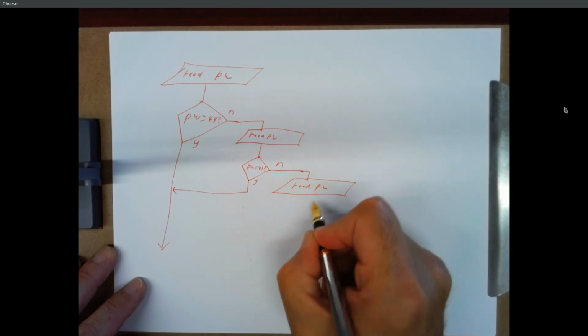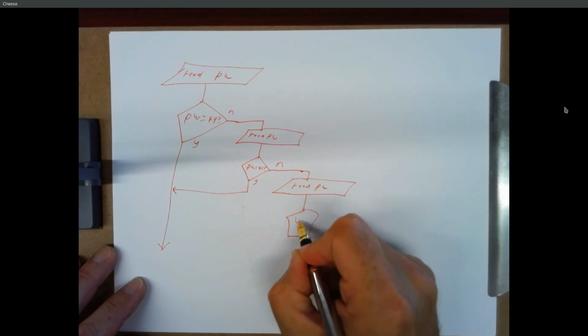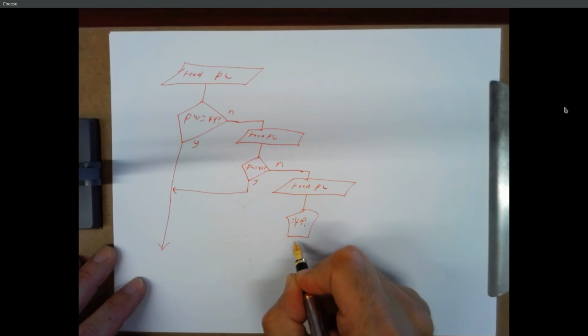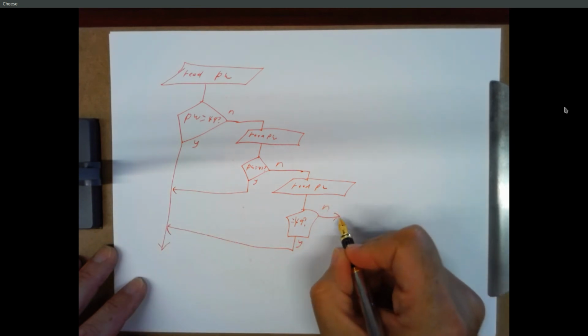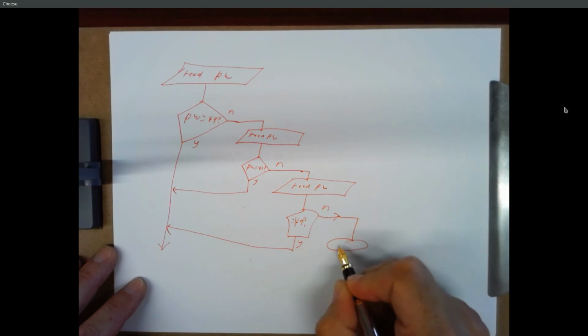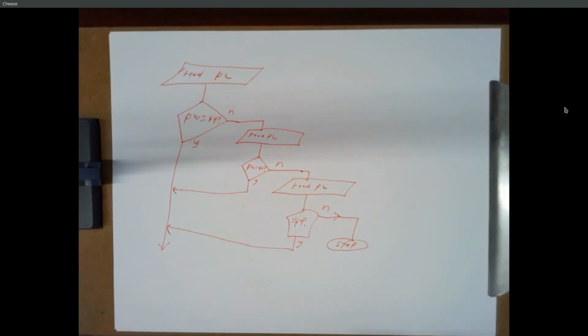Read the password. Is it equal to 49? And if yes, go there. And this time, if not, then we could do our return or our end or something like that. That will work, but if you want to give them 10 tries, it becomes really hard to write this.